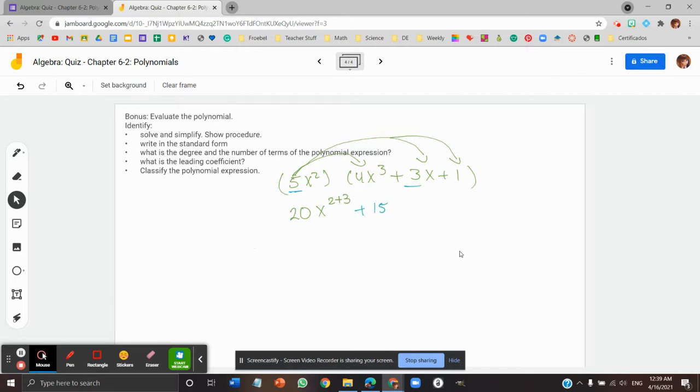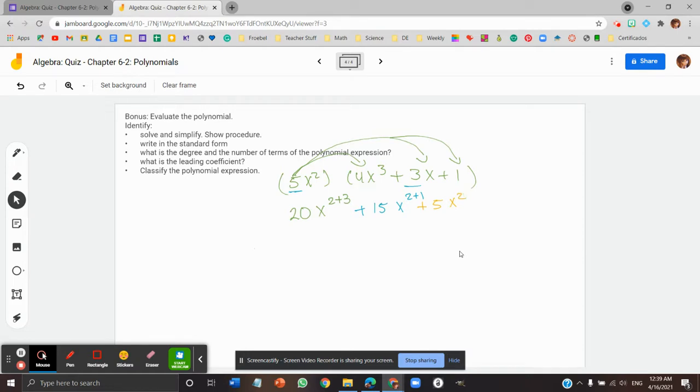X to the second power times x is x to the third, or I can write it 2 plus 1. And x to the second power times 1, this in another color, is going to be 5x to the second.